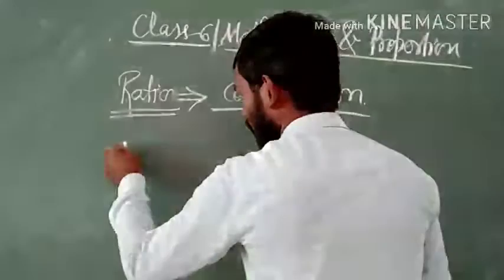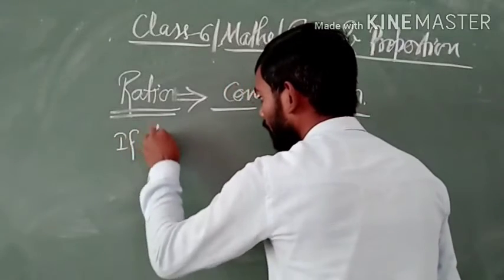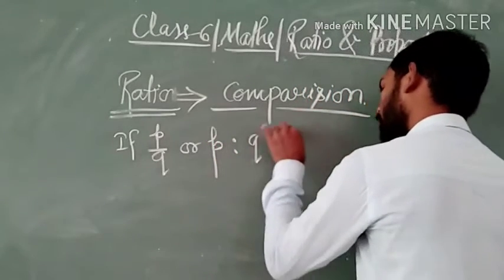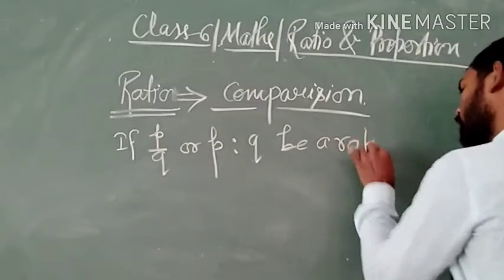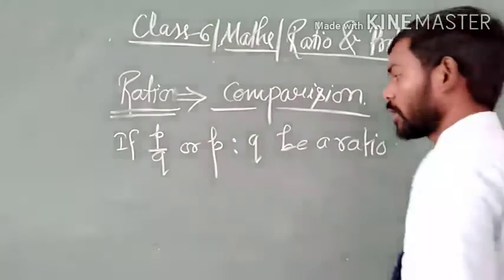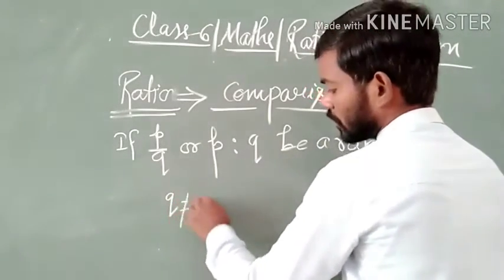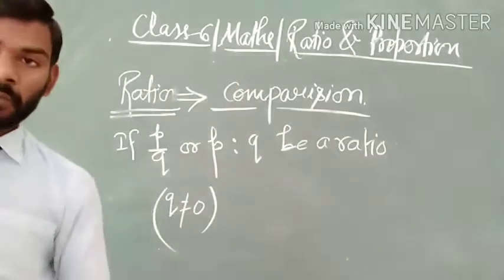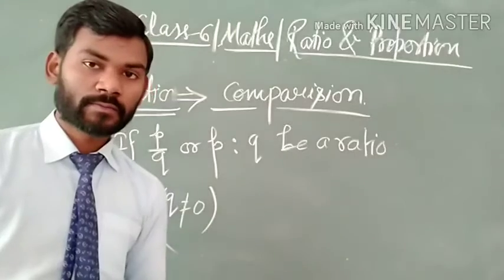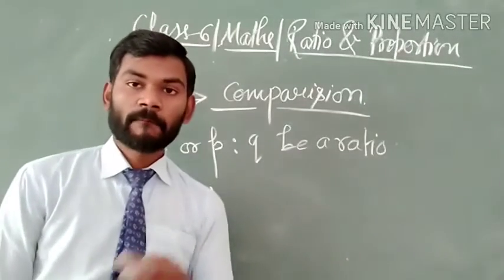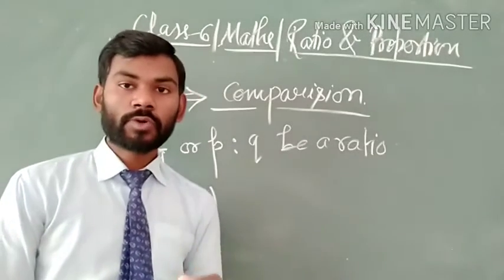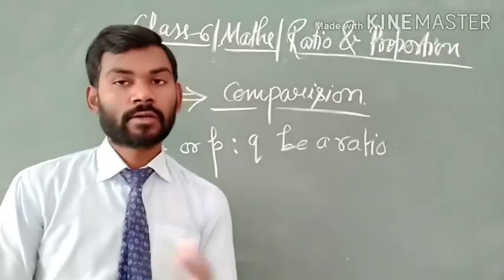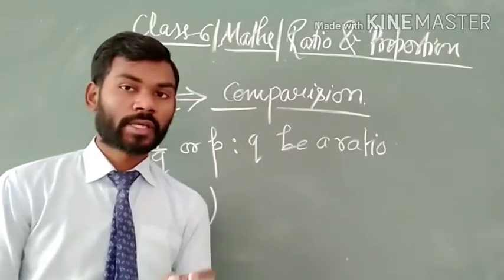So here, if P upon Q or P is to Q is a ratio, where Q does not equal 0, it is a comparison between two quantities with the help of division that gives us an idea which quantity is more than the other, or which quantity is less than the other. Okay, so this is called ratio.